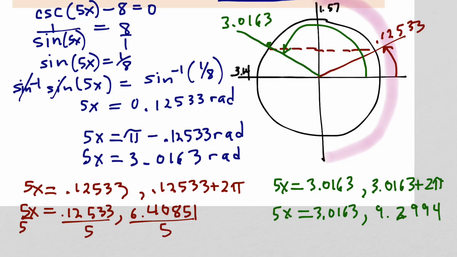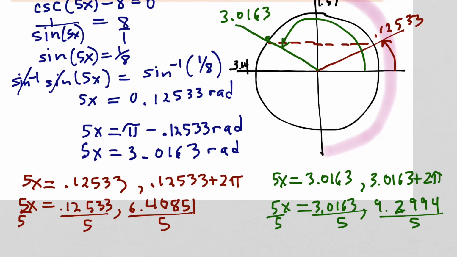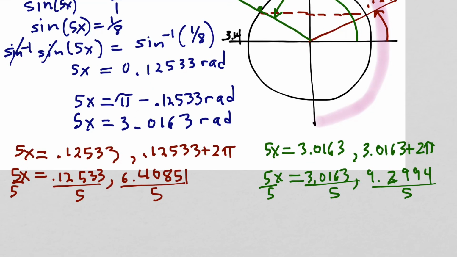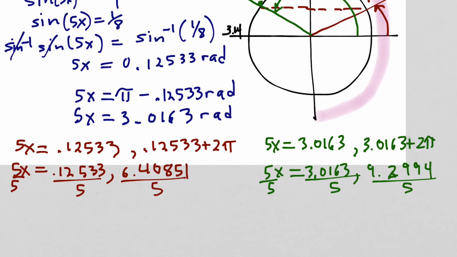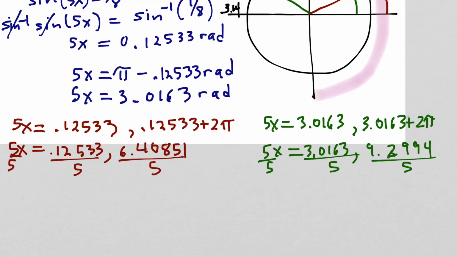So I'm going to divide by 5 because I just want to find out what x is. And these will be my 4 smallest angles. So there's really a list of 5 coterminal angles here and 5 coterminal angles here, but we're only doing the 2 smallest here and the 2 smallest here, which would give us our overall 4 smallest angles.